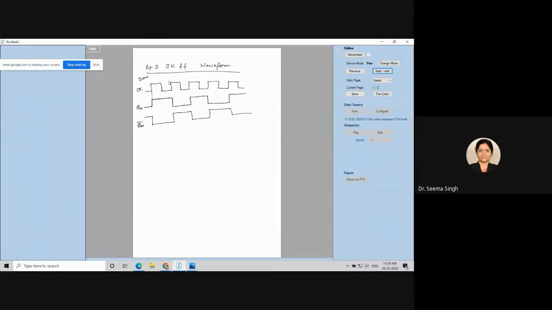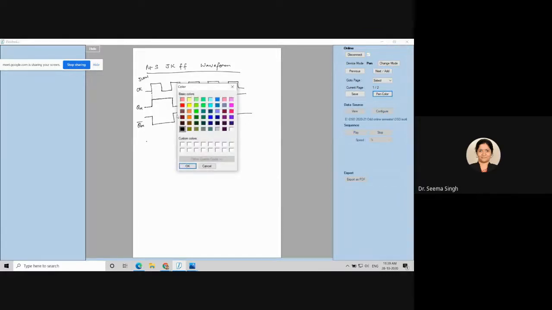Now, this QM and QM bar are the input of my slave. And this slave will work only when the negative pulse comes. Now you see this, at positive pulse, nothing will happen to the slave. But as soon as the negative pulse comes, I will show the negative pulse with the dotted line.